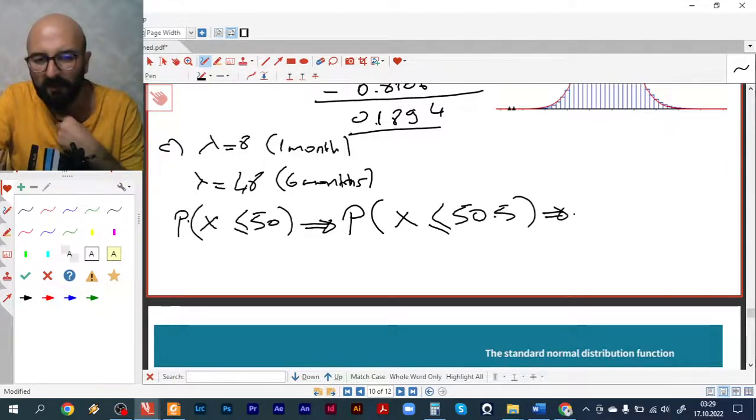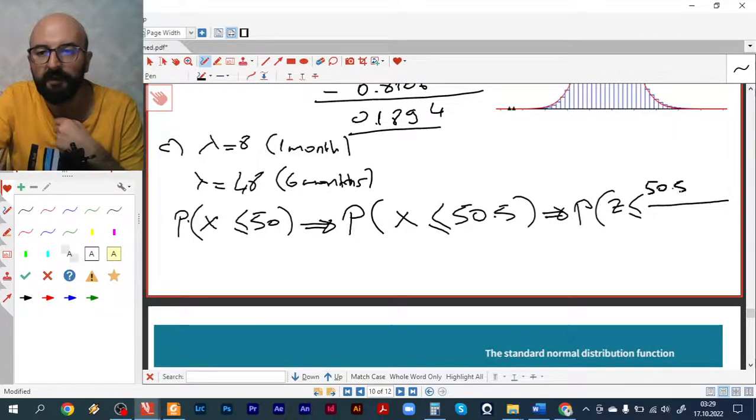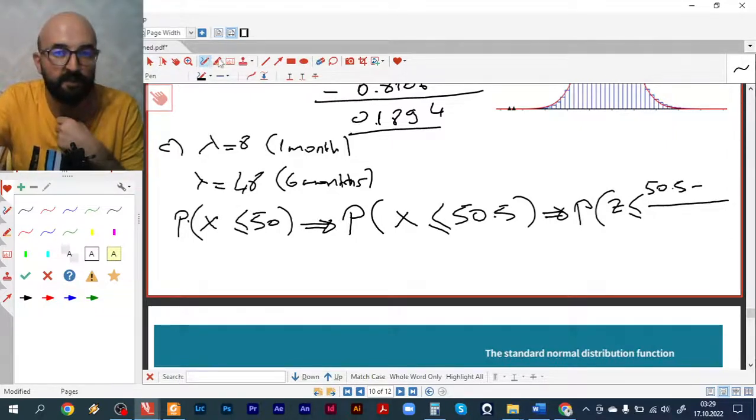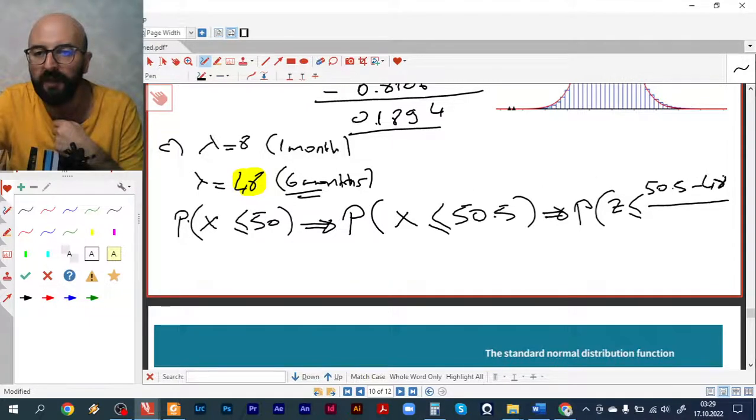So the probability of Z less than or equal to (X minus lambda), but we should use the new lambda, 48 for 6 months, over the square root of 48.